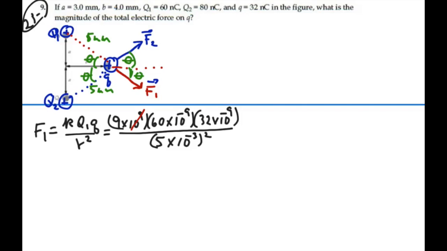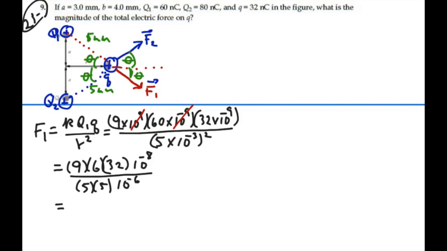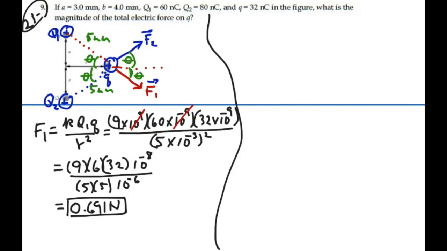The 10 to the 9 and 10 to the minus 9's cancel out, and this is equal to 9 times 6 times 32 times 10 to the minus 8 all over 5 times 5 times 10 to the minus 6. And what is that? 0.691 newtons. So that's the magnitude of the first force.